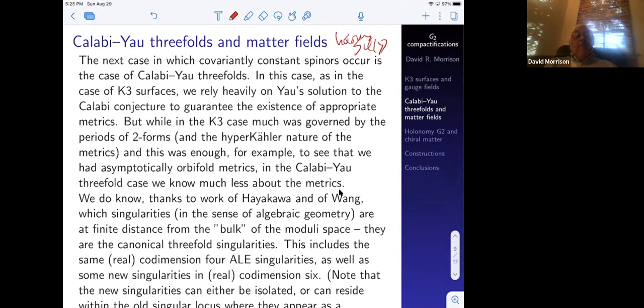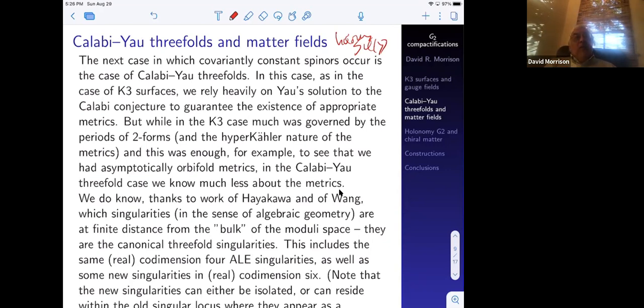And in this case, as in the K3 case, I'm relying on Yau's solution to the Calabi conjecture to make sure that I have appropriate metrics, right? I didn't stress it in the K3 case. K3s had been constructed in mathematics, both algebraic geometry and complex manifolds, long before they were ever used in physics.